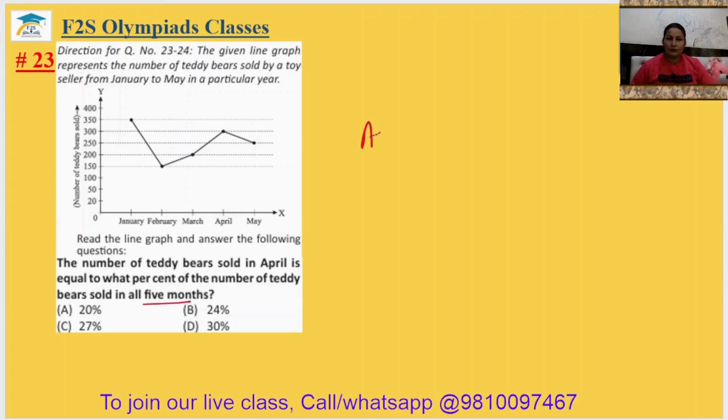So in April it is 300, and in January it is 350, in February it is 150, March is 200, April is 300 and May is 250.